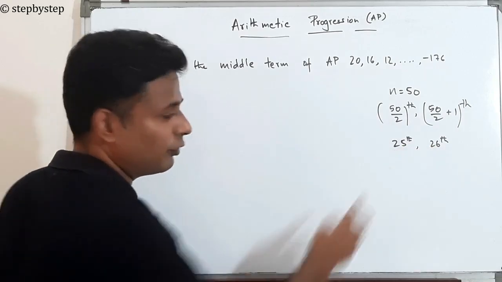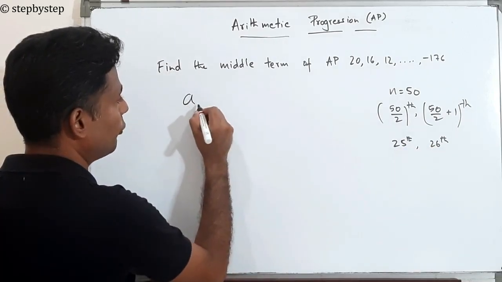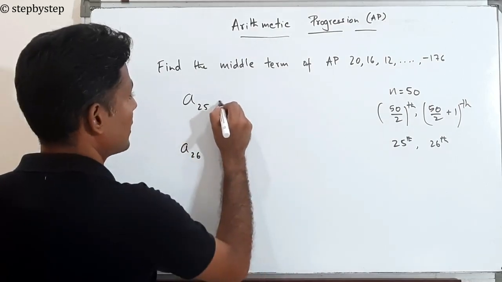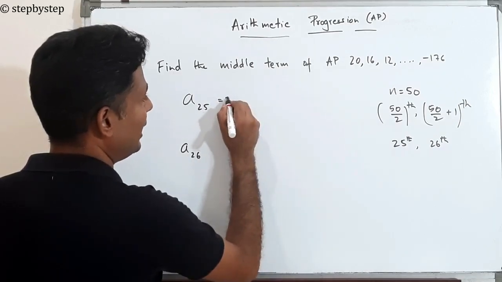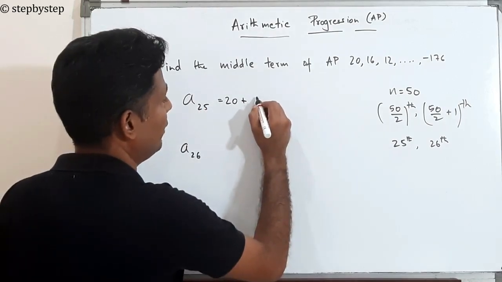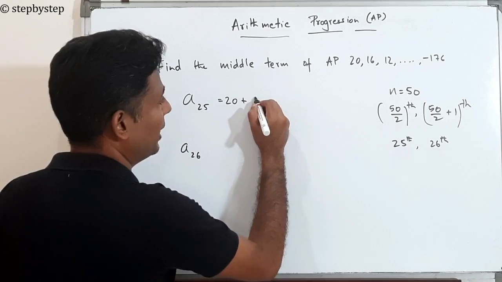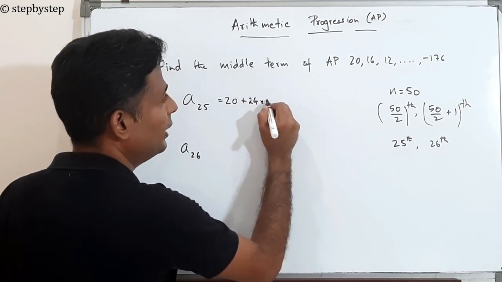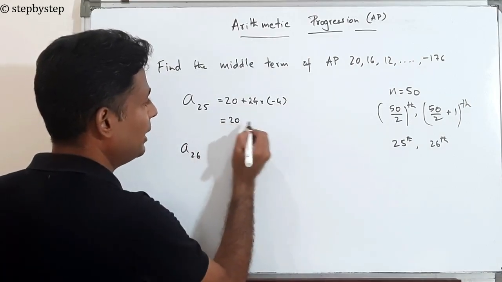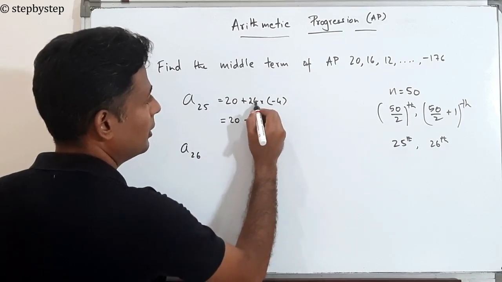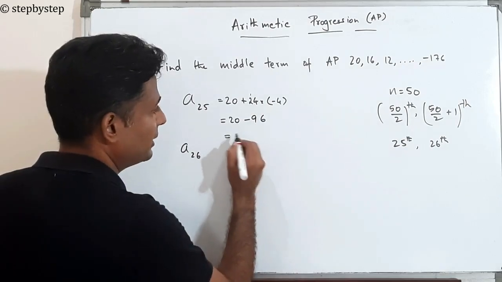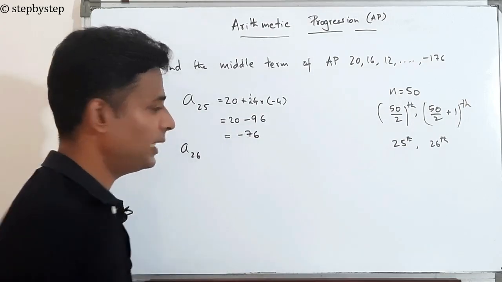Alright, we need to find the 25th and 26th term, which means we need to find a of 25 and a of 26. So a of 25 is a, that is 20, plus n minus 1, where n is 25, so 24 into d, d is minus 4. So this will be 20 minus 96, so minus 76.